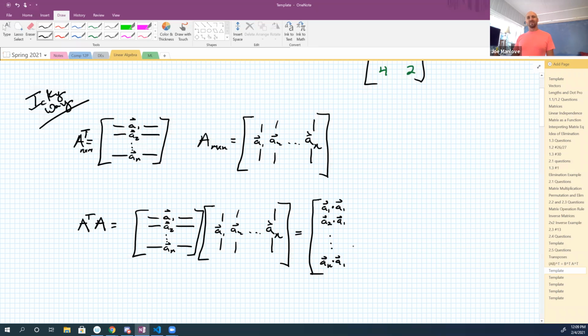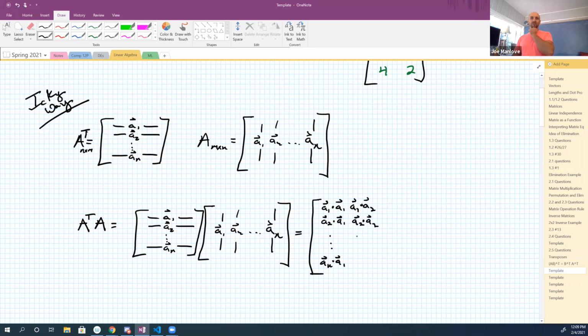And then if we go through the row instead of the column, we'll see that we get A1 dotted with A2 up here. And then down one we get A2 dotted with A2.